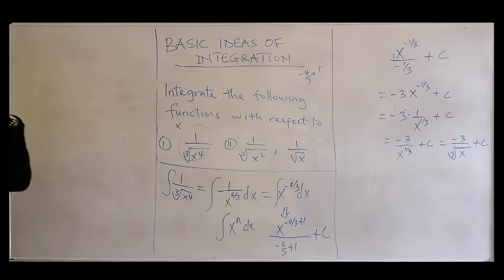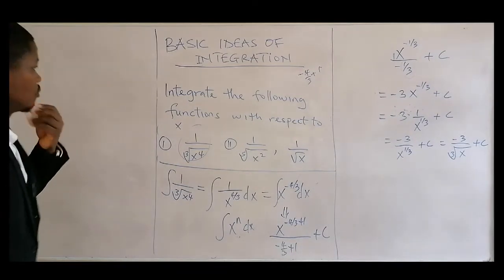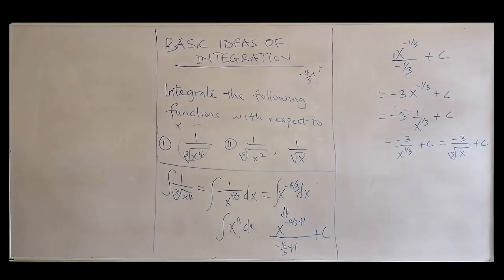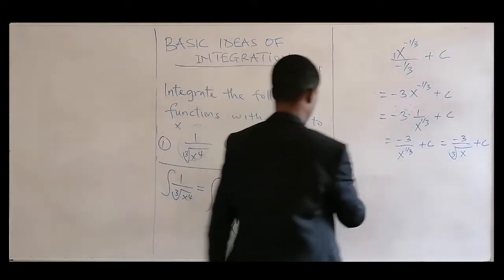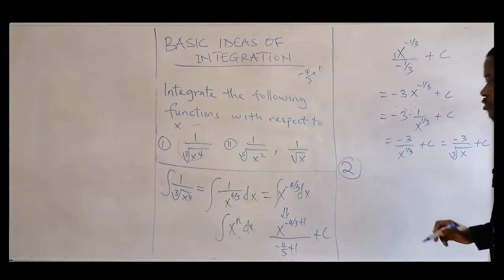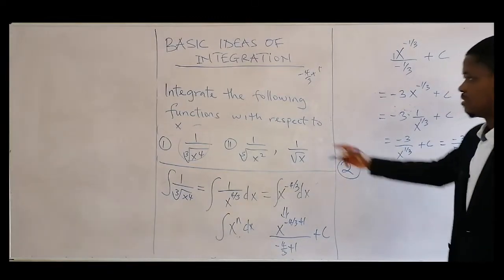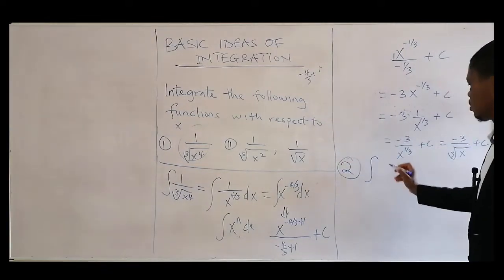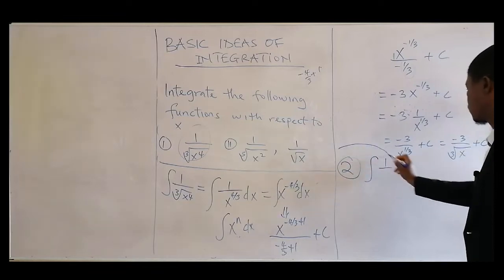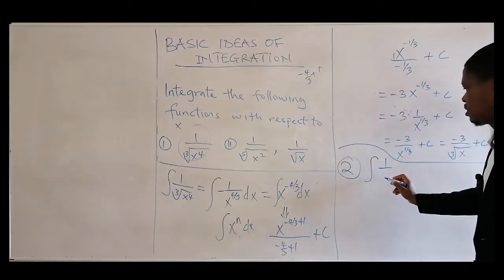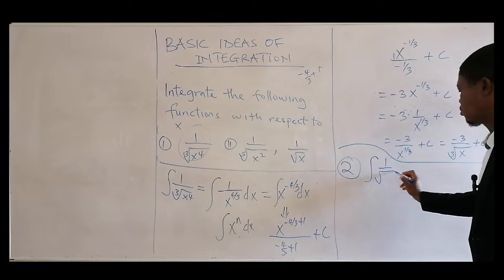Then the next thing to do now is to go to the next question, which is number 2. Number 2 also, we have to do likewise. We have integral, put your integral sign. Then you're given 1 over the fifth root of x squared.